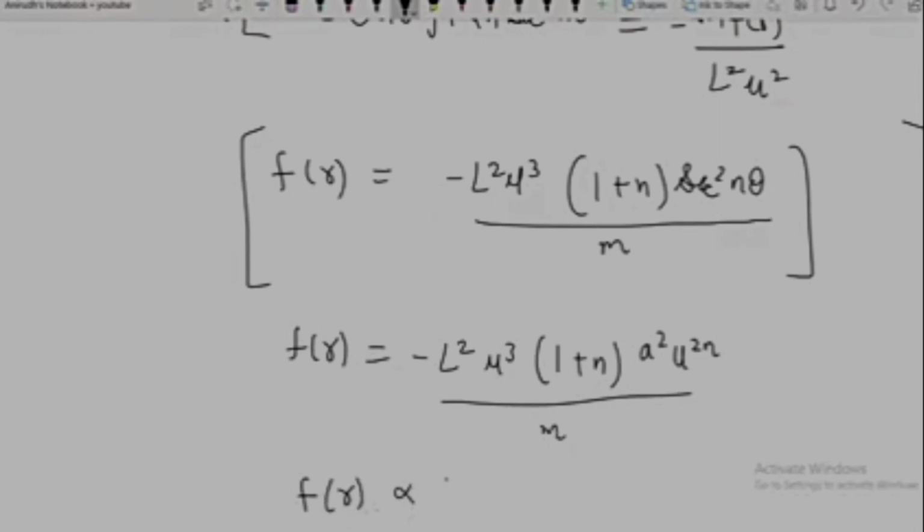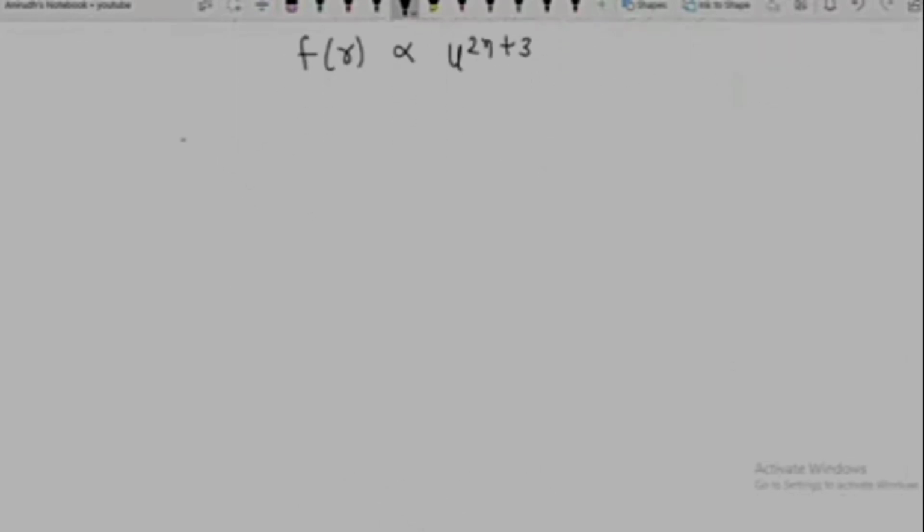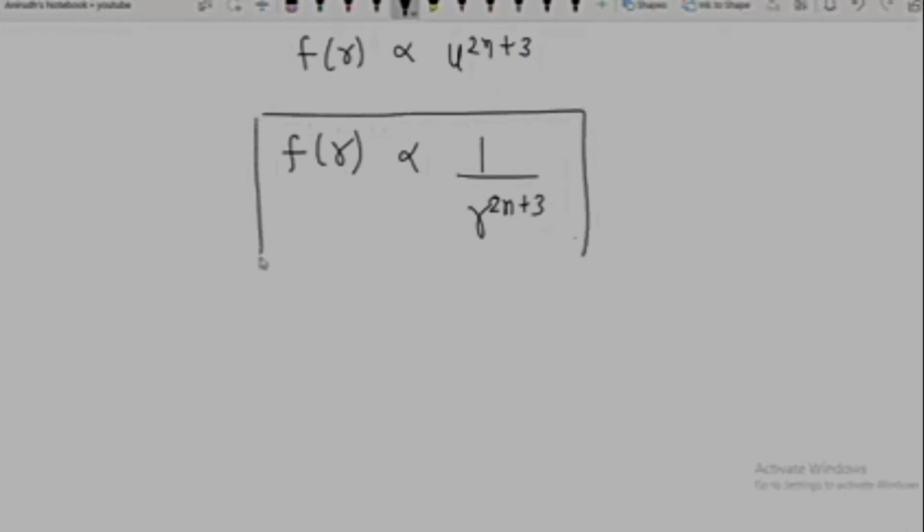From this, we can conclude that the force function f of r is directly proportional to u power 2n plus 3. By combining the powers of u, we get u power 2n plus 3, so the force function is inversely proportional to r power 2n plus 3, because we know that u is 1 by r.